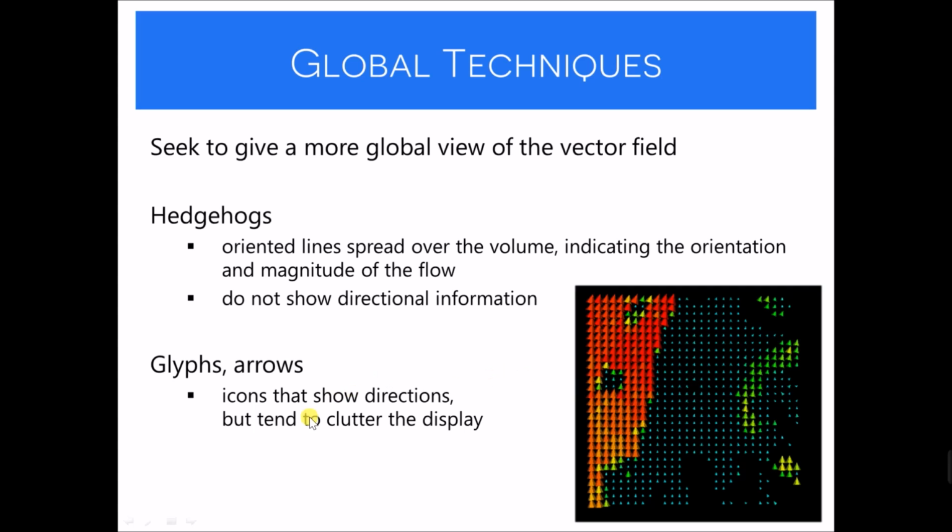And glyphs or arrows are icons that actually show you the direction. But the downside is, while this is informative, these arrows take up room, so it limits the resolution at which you could show things. So now if there's anything happening inside that arrow that may be interesting, you can't show it, right?